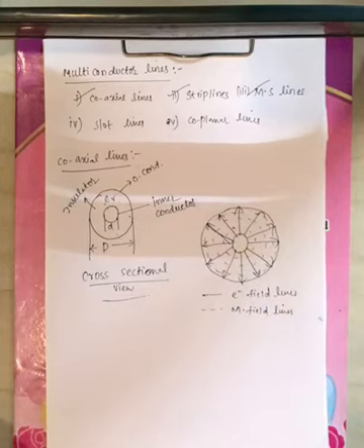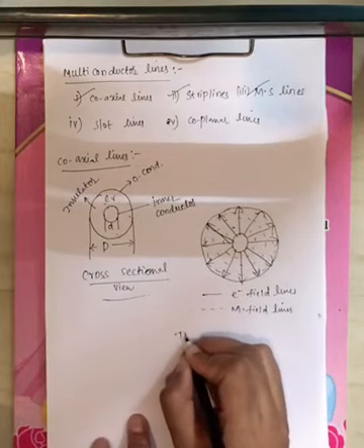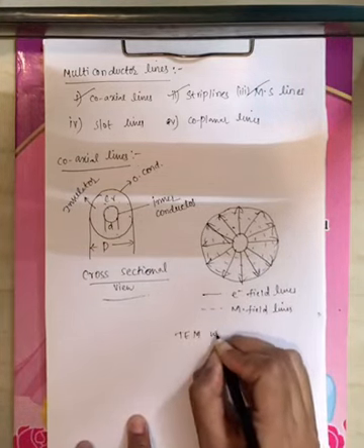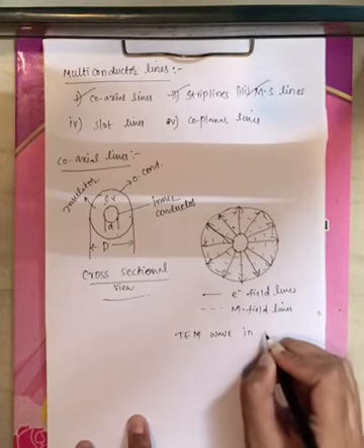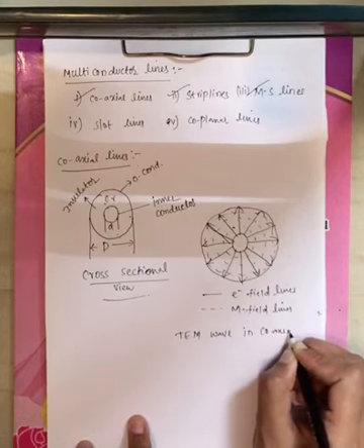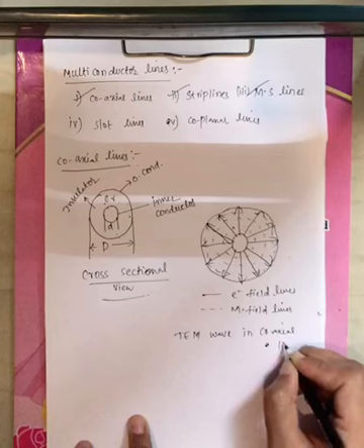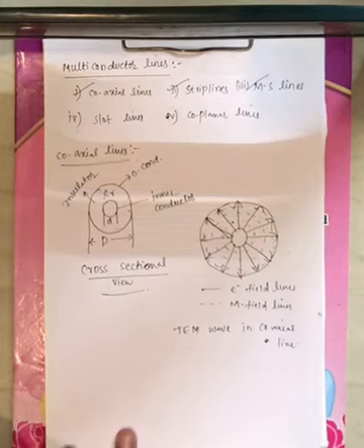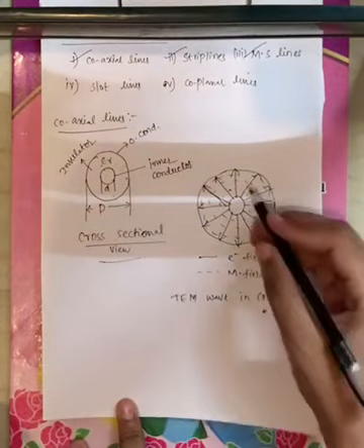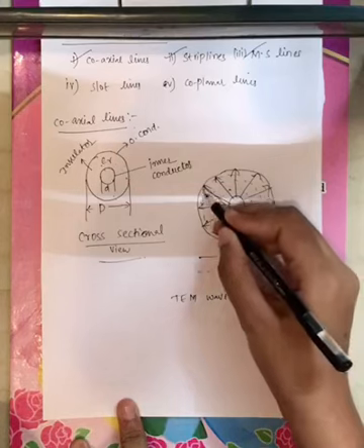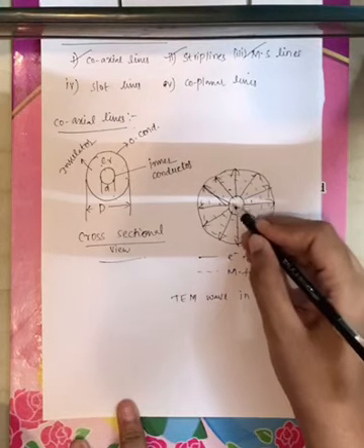If you see this second structure, this is how the TEM wave propagates through the coaxial line. This is the outer conductor and this is the inner conductor.